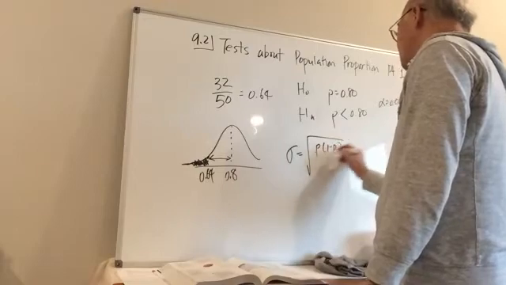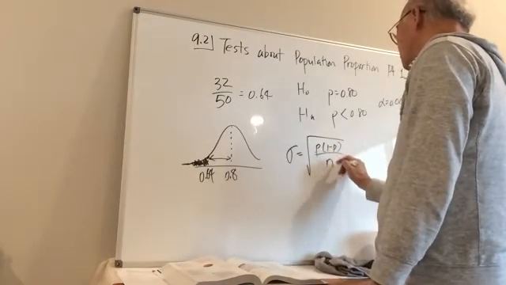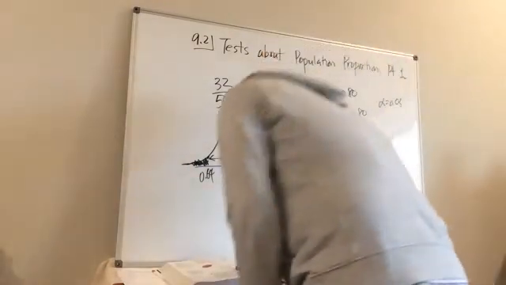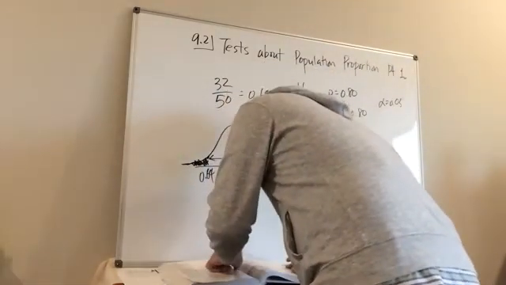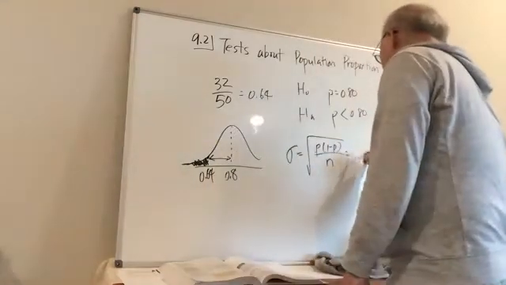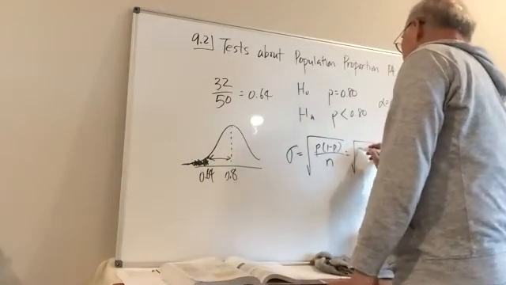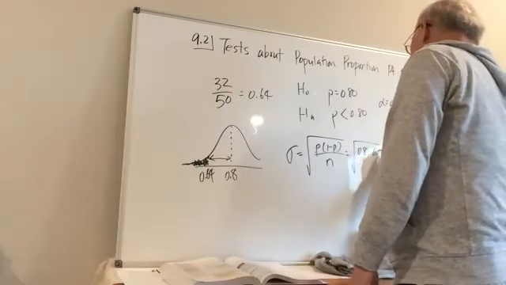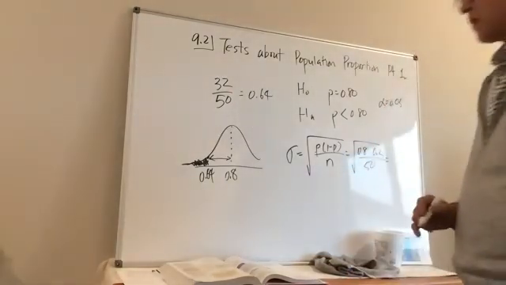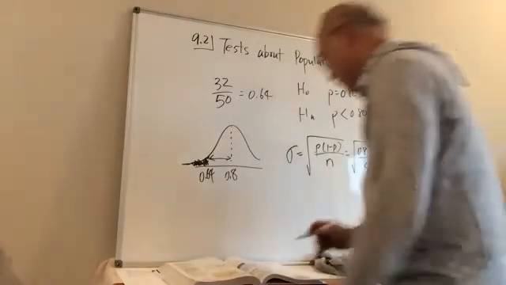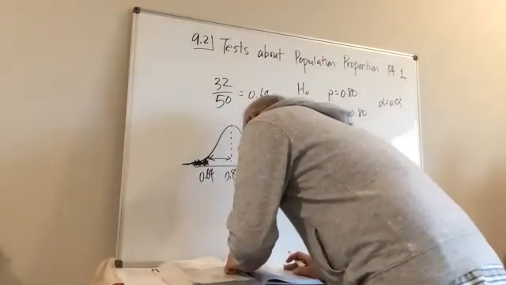the square root of p(1 minus p) over n, right? So that was our p. If you do that, I'm going to get 0.8 times 0.2 divided by 50, and taking the square root, what do I get?